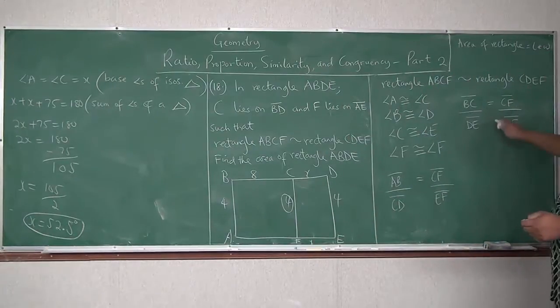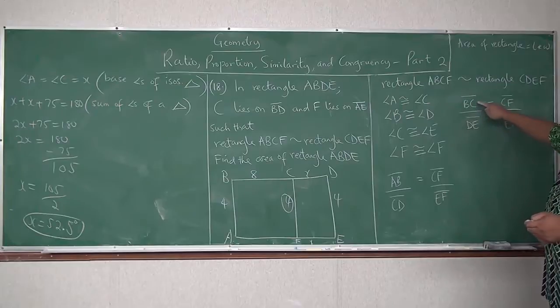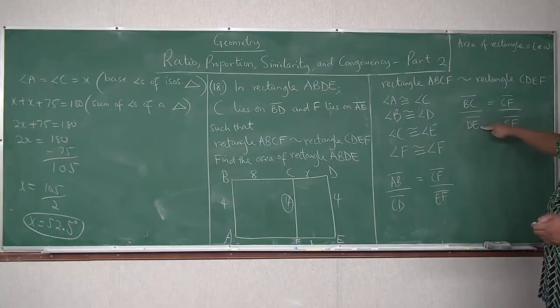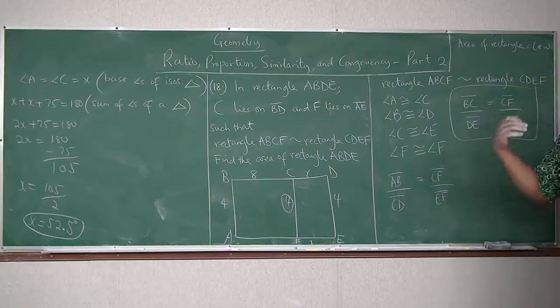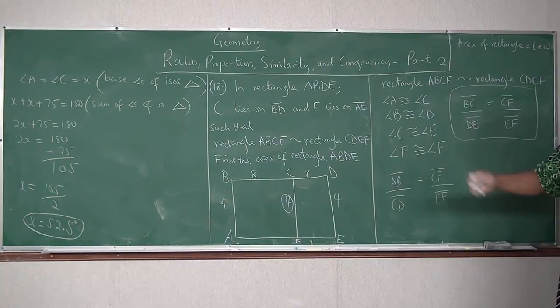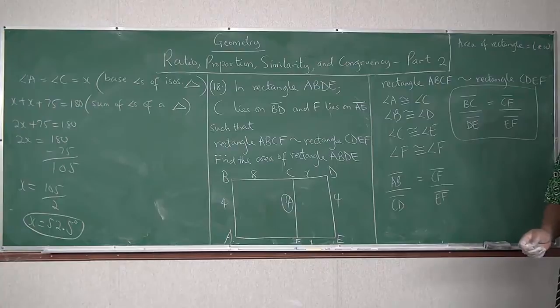So we come over here. Let's look at this. We know BC is 8, DE is 4, then CF is 4, and then EF. So this is what we're going to use here to now find that x. Okay?